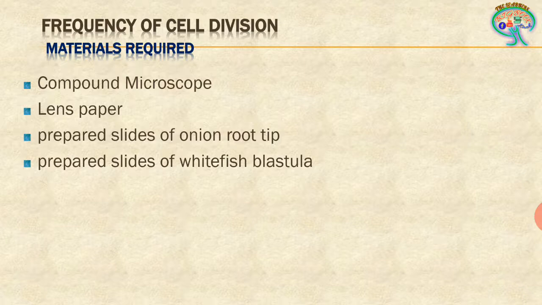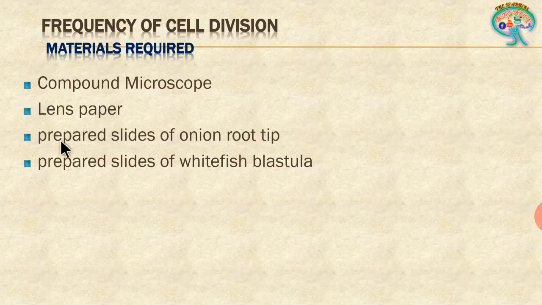We also need prepared slides of whitefish blastula, the developmental stage of the whitefish, which is going to give a good amount of cell division and allow perfect studies. Onion root tip is also one of the best organs which we are going to consider here for our studies.